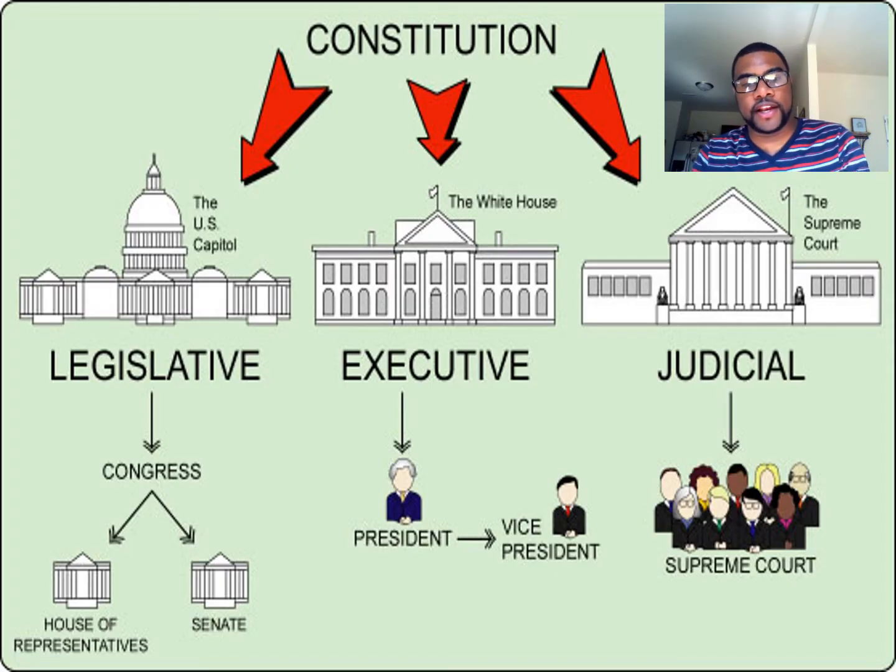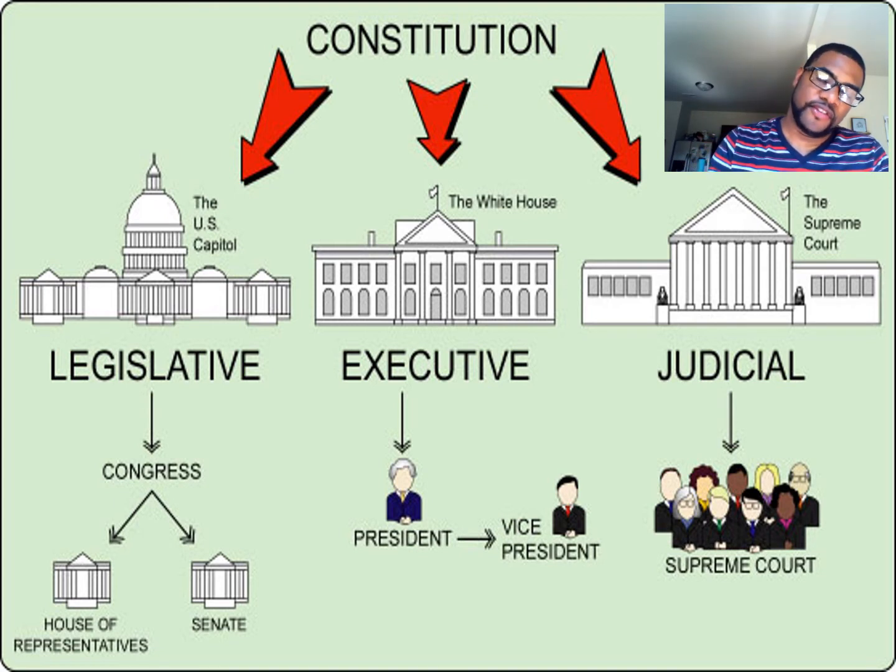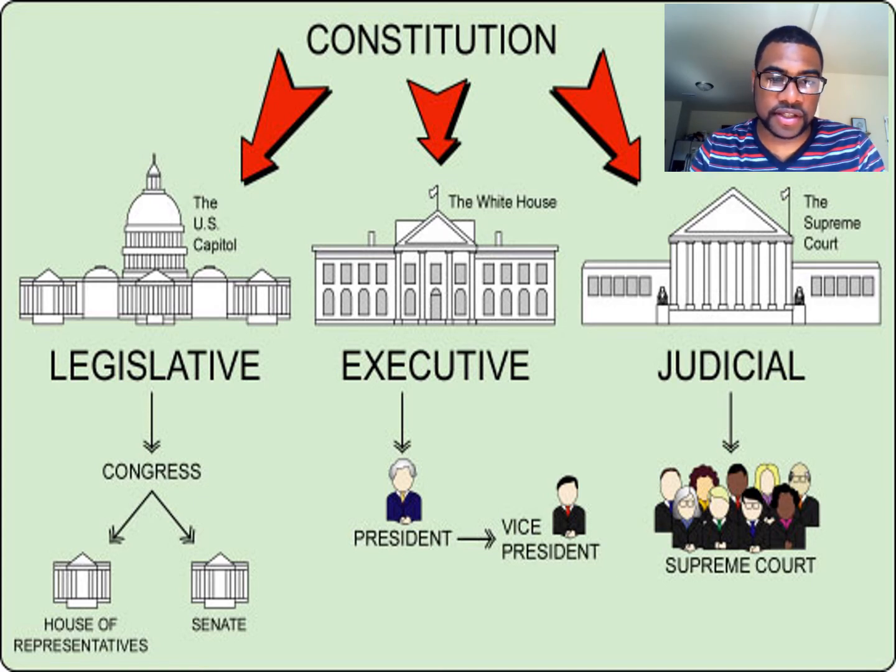All right, you can see here in this illustration the divisions of the three branches of government. As you can see, the legislative branch, you see the state capitol, and then you see Congress. And Congress refers to the House of Representatives and the Senate. And then you have the White House, the executive branch.